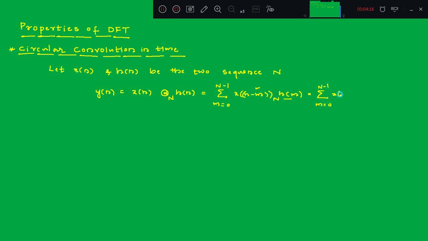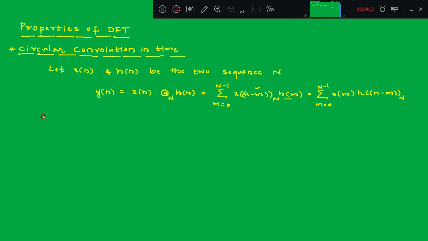I will keep the first sequence as it is, that is I will write x of m, and I will do the shifting operation on the second sequence, that is h of n minus m, for n equal to 0 to N minus 1, where capital N is this one. So this is the formula we are going to use to compute the N point circular convolution over any two sequences such as x of n and h of n, right?